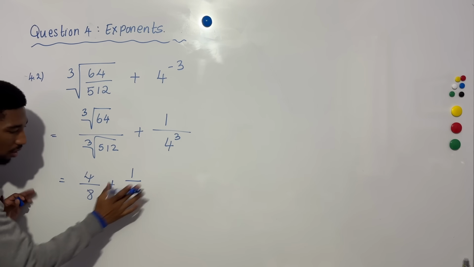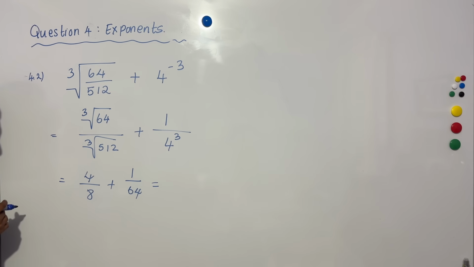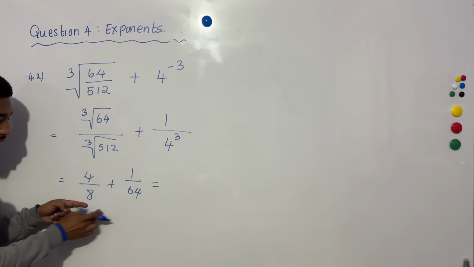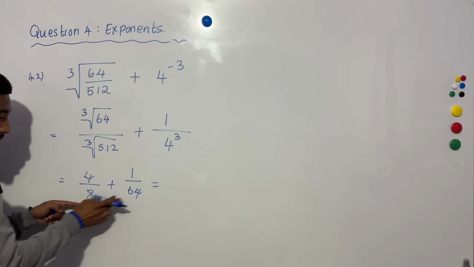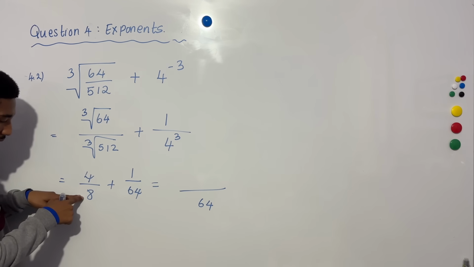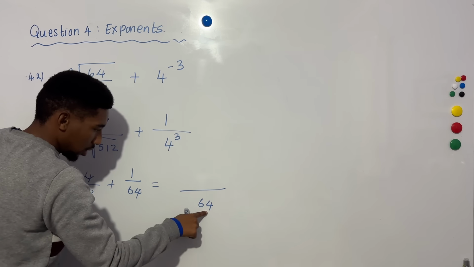Now we have a nice addition of fractions over here. We look for the LCM between 8 and 64. Now 64 is a multiple of 8, so I already know that I'm going to have 64 in there. Our LCM always goes to the bottom. Then we ask ourselves, how many times does 8 go into 64?